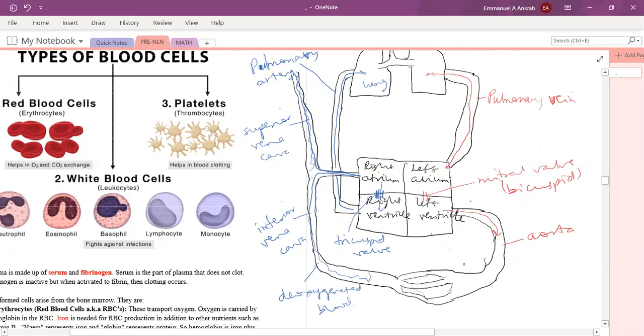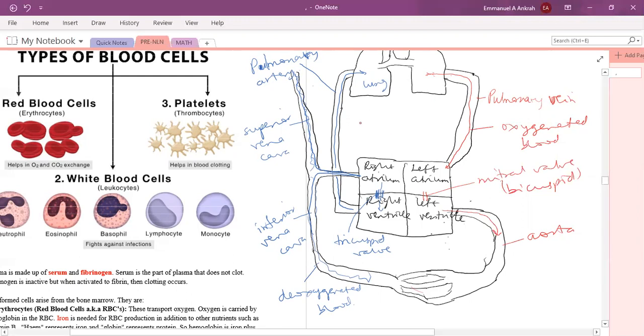So this is a general diagram that you can use to answer questions on the cardiovascular system. The red color here indicates blood that oxygen has been added to. So it's oxygenated blood on the left side, whilst on the right side, we have deoxygenated blood. Now, there are some exceptions I want you to note here.